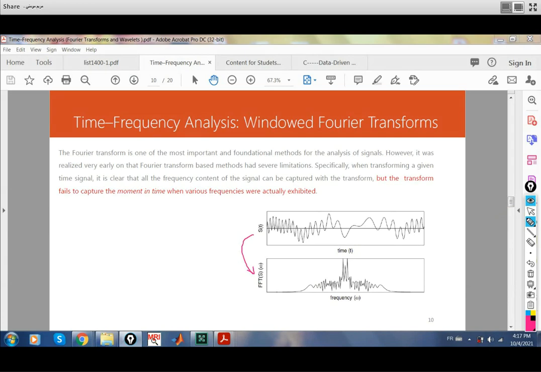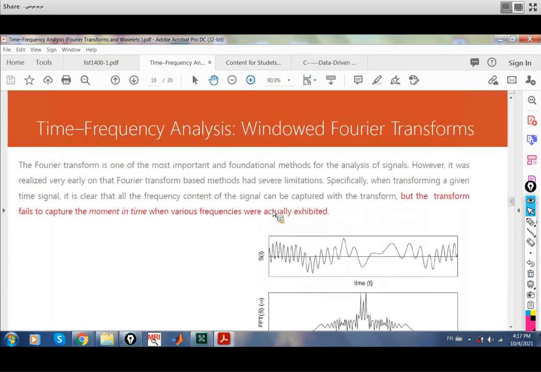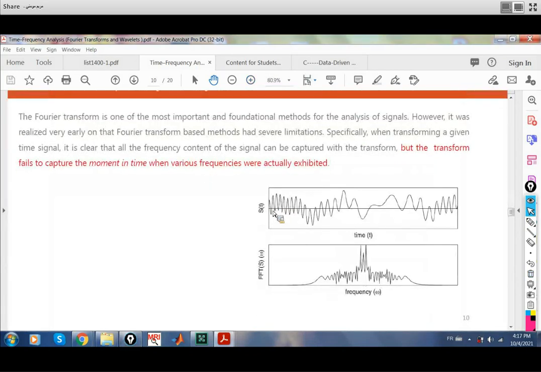Totally, for example, if I zoom on it, and zoom on it, if you consider this figure and pay attention to the time changes.